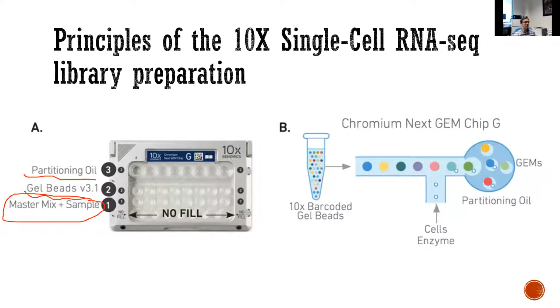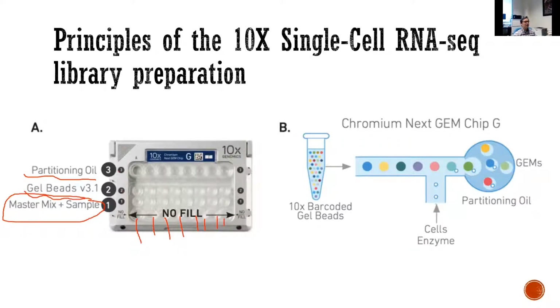It will prepare the sample for you and give you the prepared library for each sample in this row here. The whole process may only take 1 or 2 hours for preparation, and the rest is sequencing your library using a next-generation sequencer.